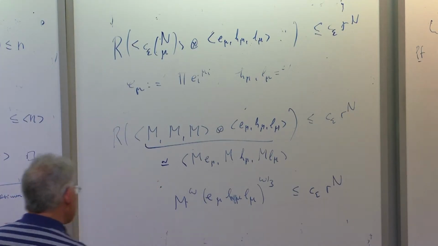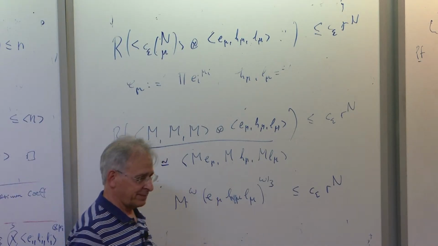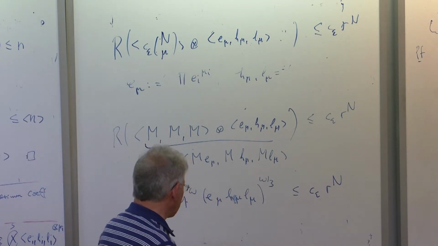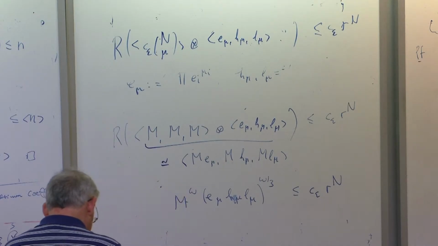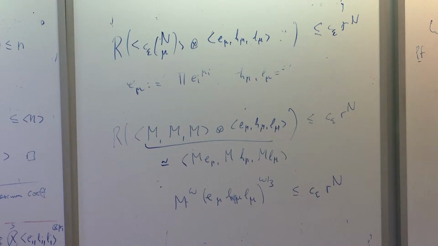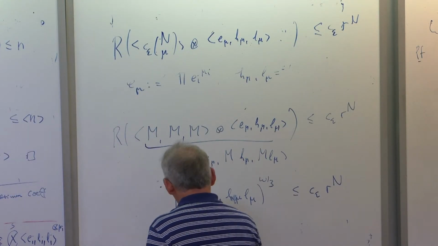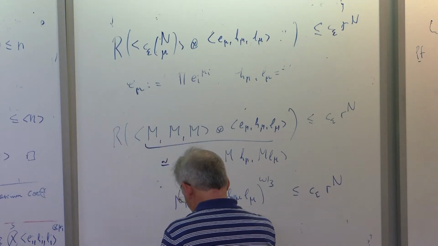What we can do now is, this holds for any mu. So I can add over all distributions, and I again apply the multinomial theorem, but this time in the integers.